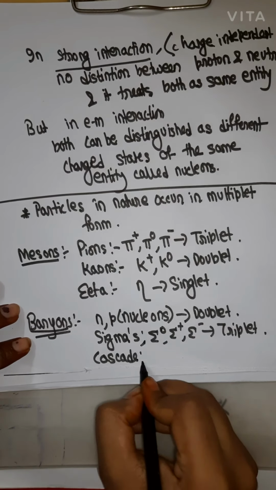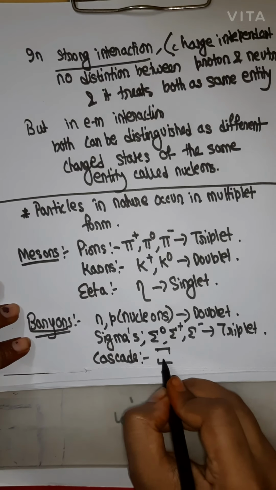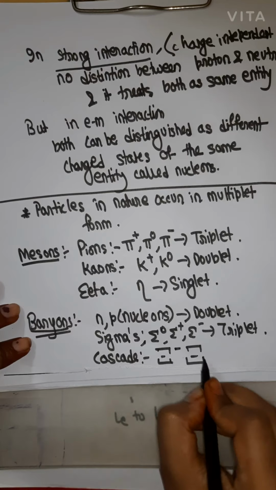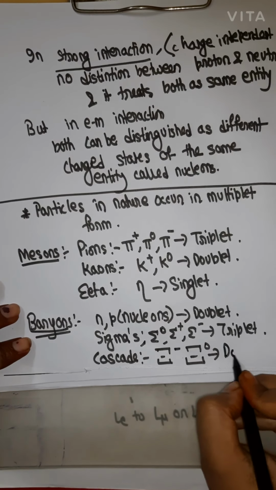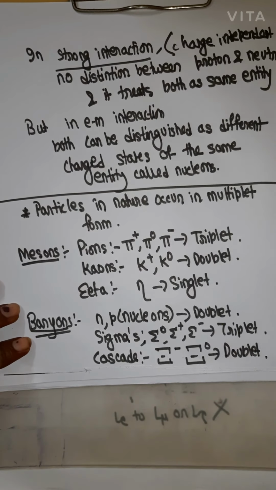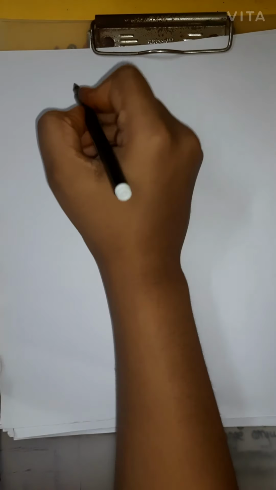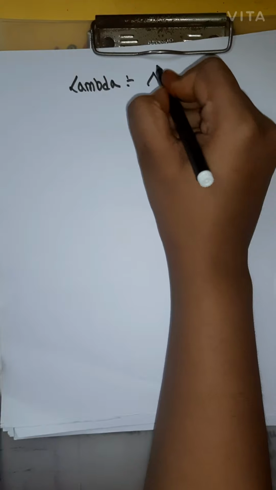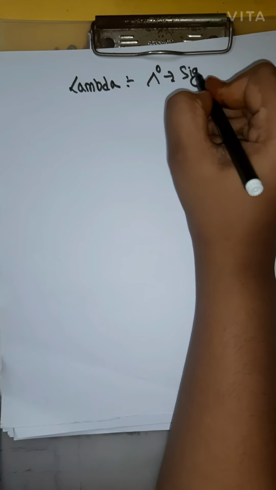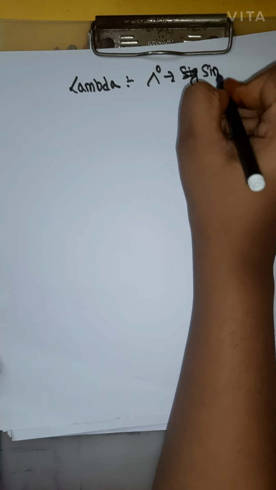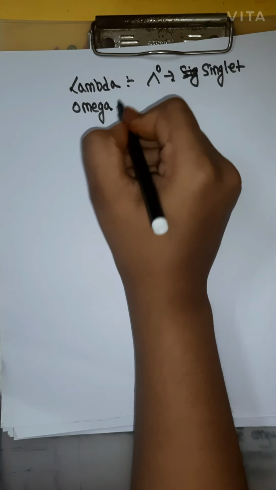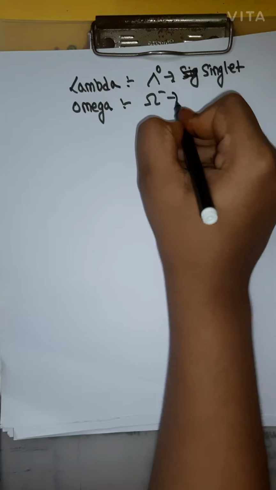cascades, minus and 0. This we have as doublet, and lambda, as lambda 0, is singlet, and omega also singlet.